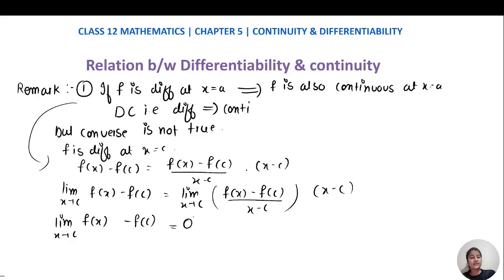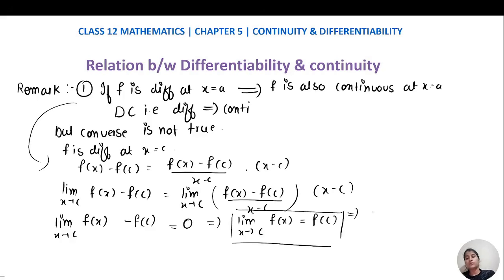So we get the limit of f of x as x tends to c is equal to f of c. We get that the limiting value and function value are the same. So f is continuous at x equals c. So the relation is that if the function is differentiable, then our function is also continuous.